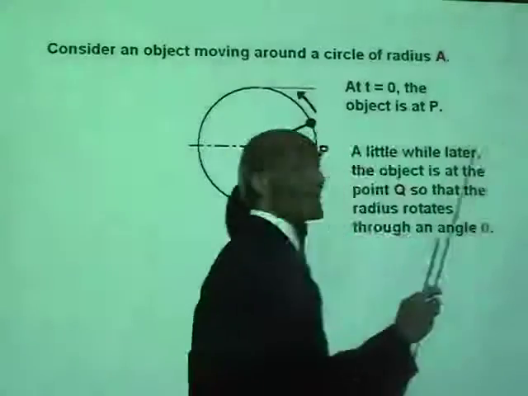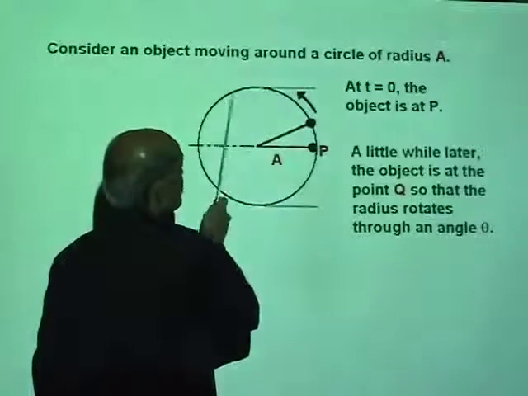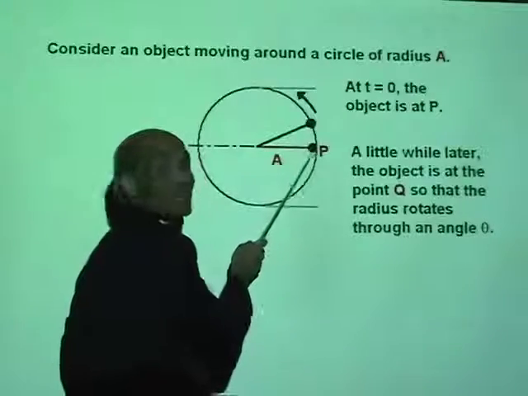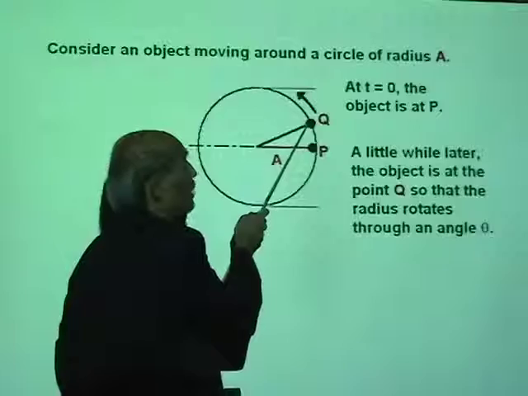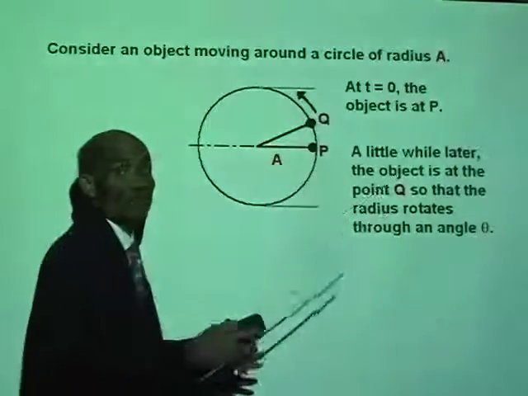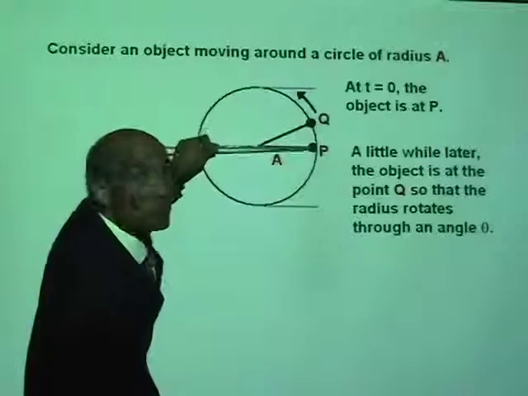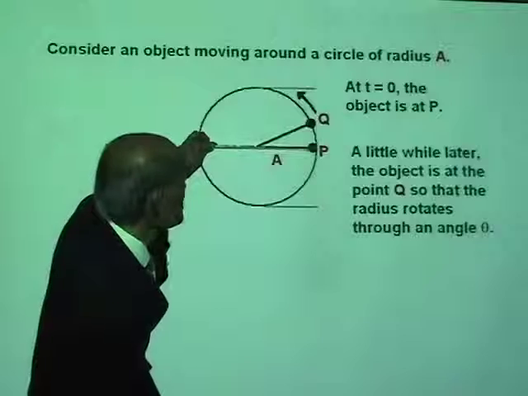A little while later, you can see the object is going to move around the circle. At t equal to 0, the object is at P. A little while later, it is at point Q. I want you to watch here, as the object moved from position P to position Q, what happened to the radius?